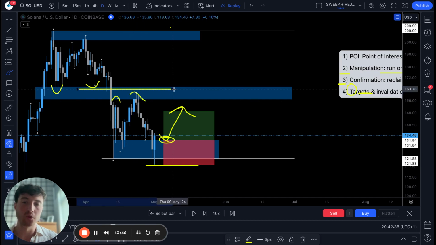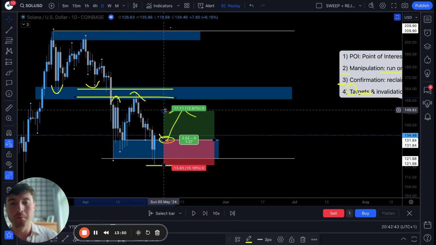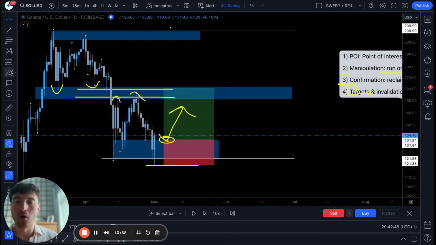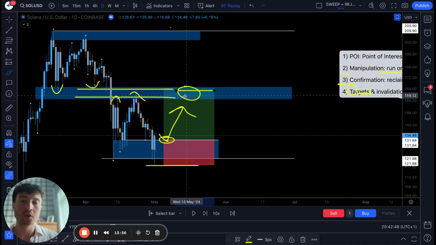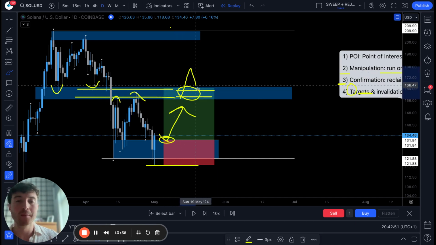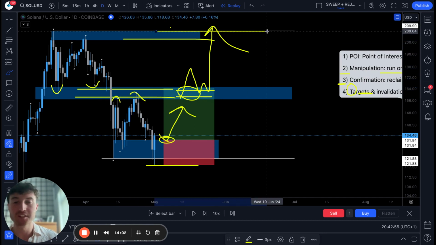Okay, so this is your key midpoint area where sellers may look to step back into the market within this area. Okay, so if price pushes into here, you want to be cautious around this area. A reclaim of that area, you're going to be looking to push that back to the upside and test these range highs. Okay, so it's very, very simple, guys.